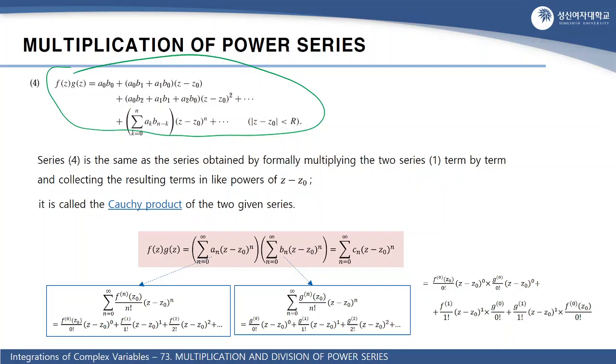But there is another way to compute this expansion. In fact, series 4 is the same as the series obtained by formally multiplying the given series in expression 1 term by term, and collecting the resulting terms in the same powers of x minus x naught.